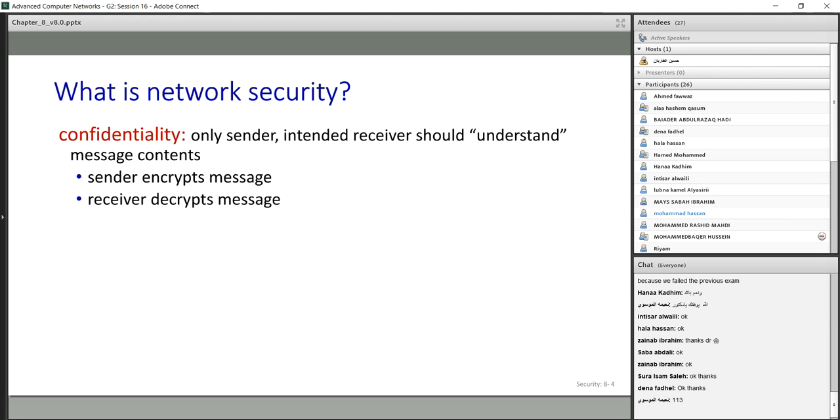And Ahmed can decrypt the received message. You can see that encrypted message, but you cannot understand the real content of that message.